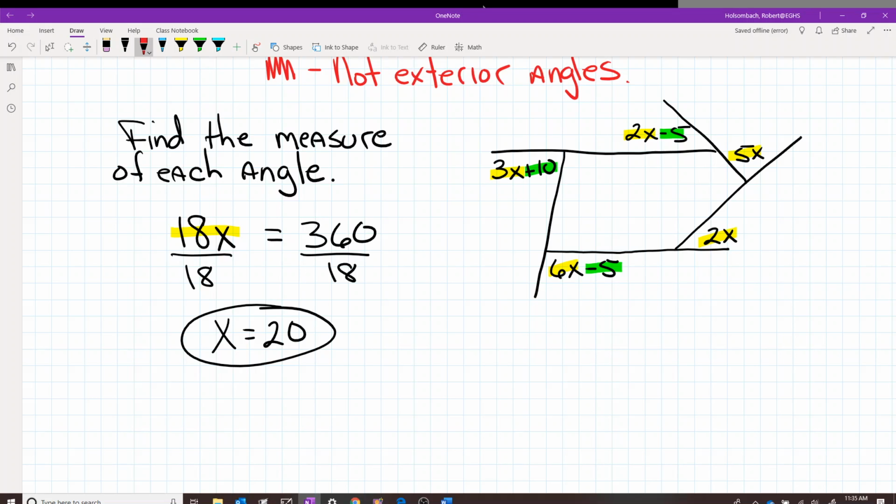If x equals 20, 2 times 20 is 40. 5 times 20 is 100. 2 times 20 minus 5, 40 minus 5 is 35. 3 times 20 plus 10. 6 times 20 minus 5. All right, so those are your 5 exterior angle measures.